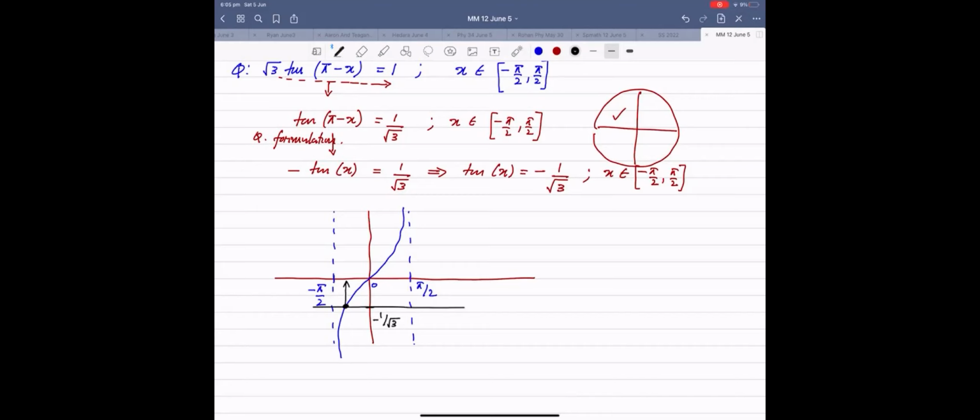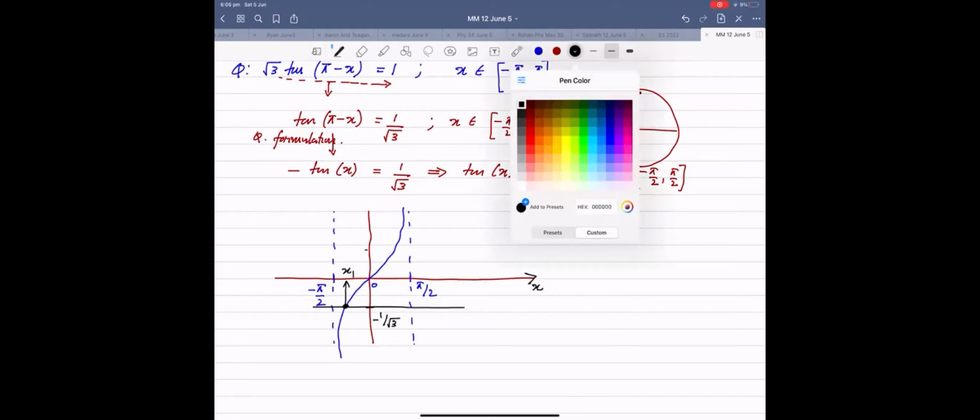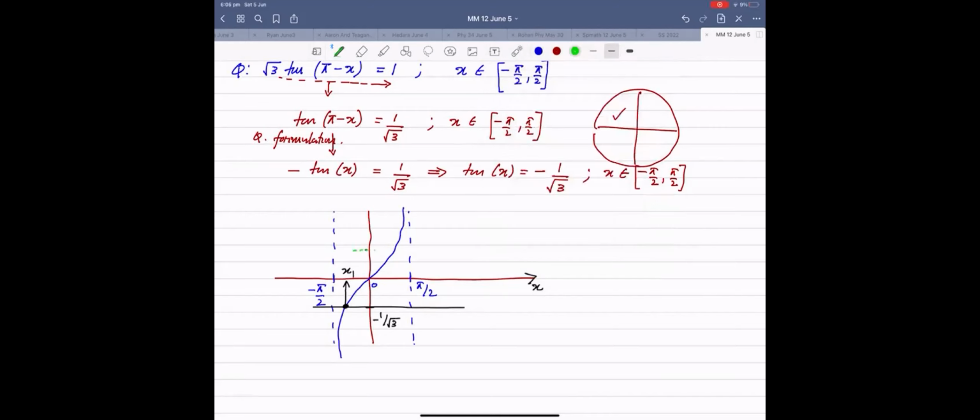Now this is the x-axis. You need to find x1 now. How to find x1? x1 is similar to this over here. That value is 30 degrees, pi divided by 6. Why?